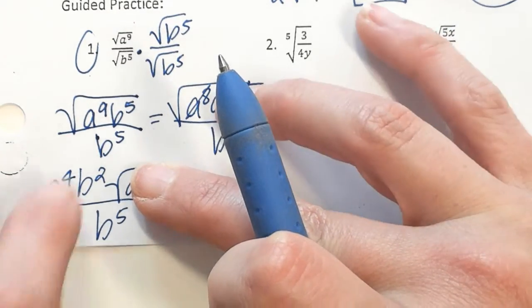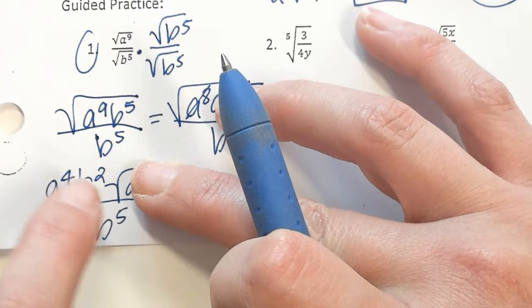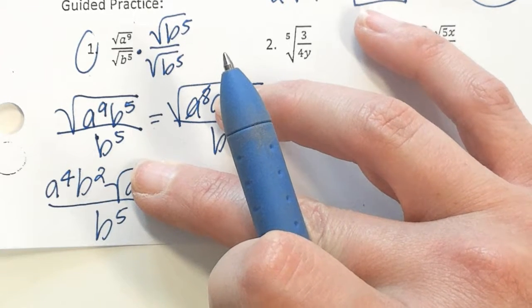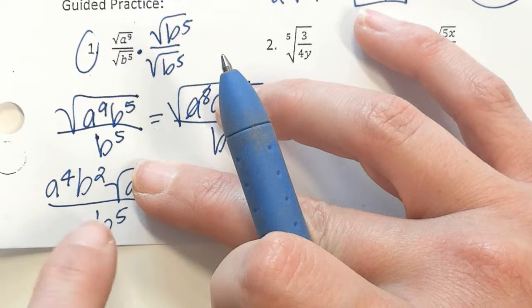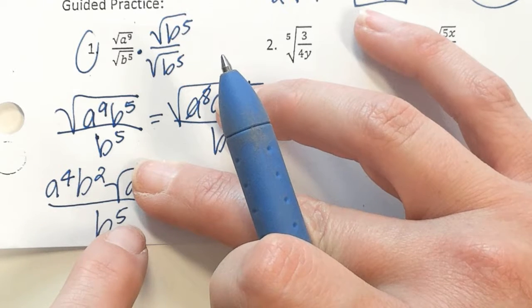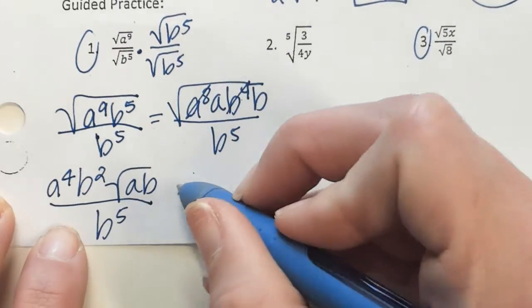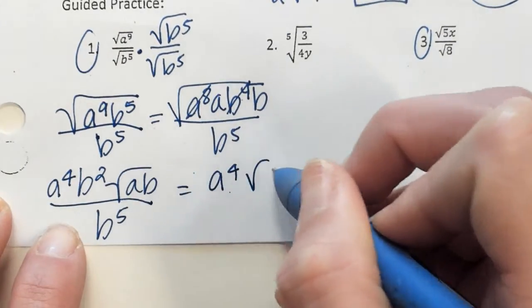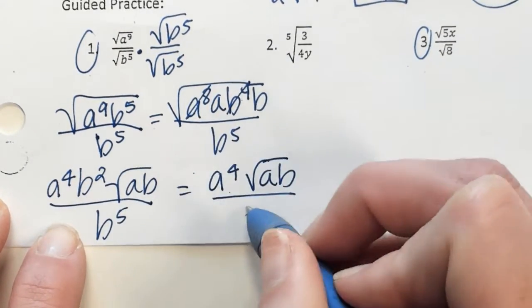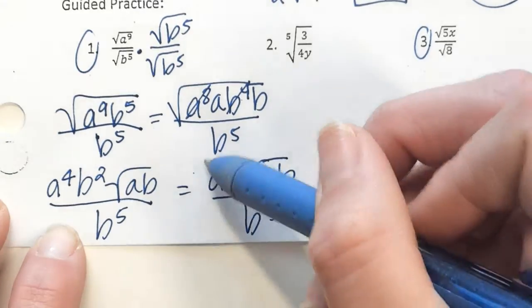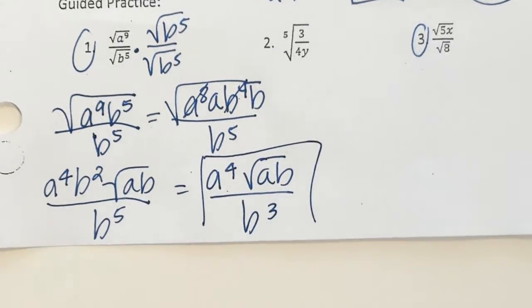The b's, right? What do I do with exponents when I subtract? Or when I divide? I subtract them. So what's 2 minus 5? Negative 3. So the 3 will go on what? So I'll have a to the fourth square root of ab all over b cubed. Very good. Did y'all get the same thing but did it the other way?